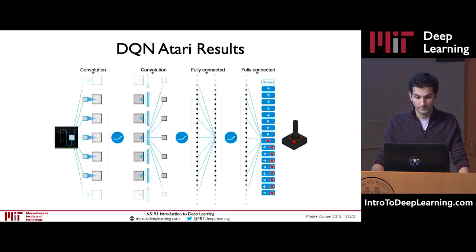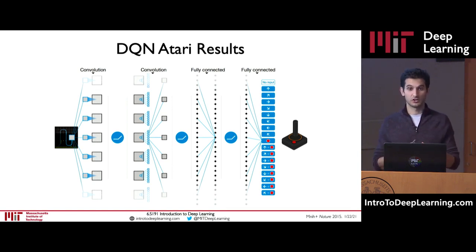Now, DeepMind showed how these networks, which are called deep Q networks, could be applied to solving a variety of different Atari games, not just Breakout like we saw on the previous slide, but a whole host of different Atari games, just by providing the state, which was often in the form of pixels only.